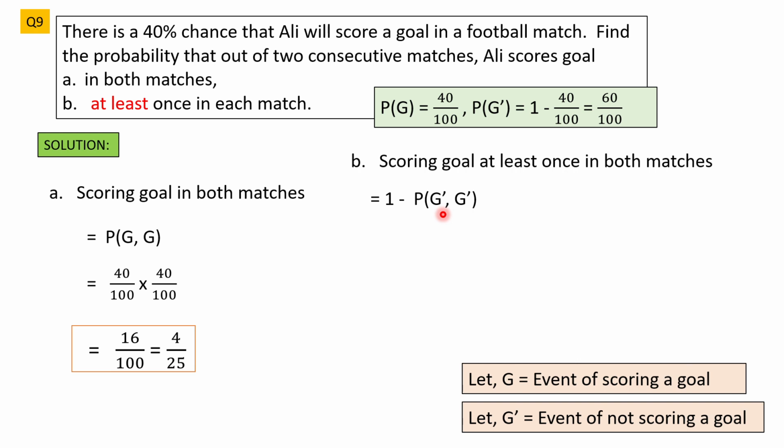So here, 1 minus the probability of G prime and G prime. So 1 minus 60 over 100 times 60 over 100, and your final answer will be 16 over 25. Just remember, when you come across the word at least, you just take 1 minus the probability of the complementary of the events.